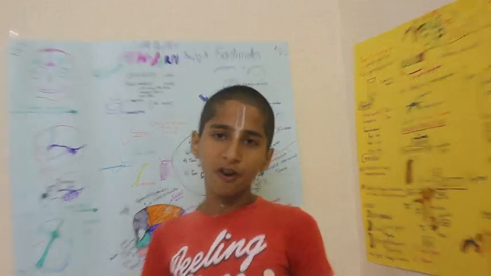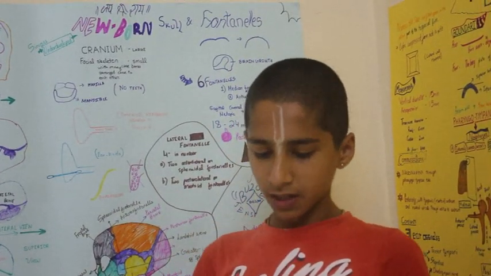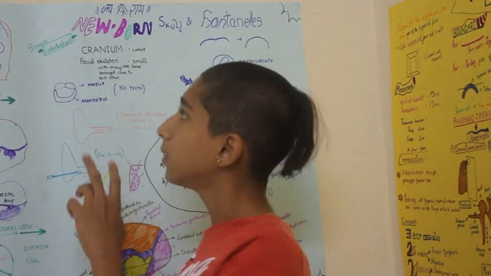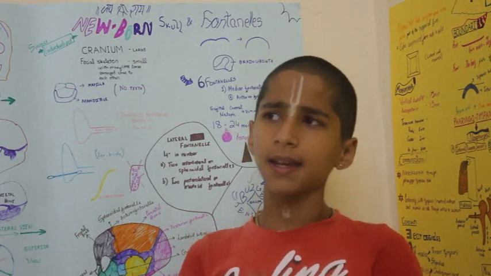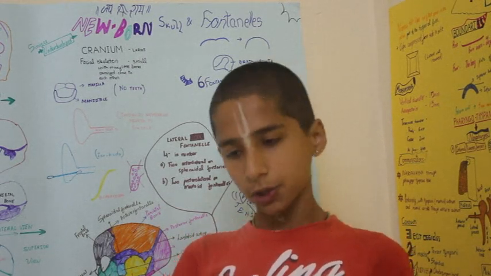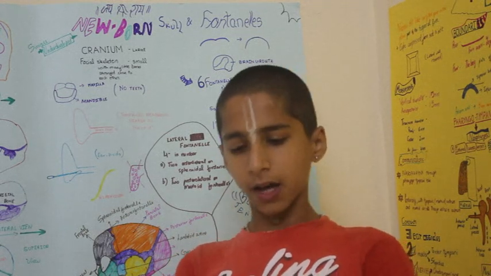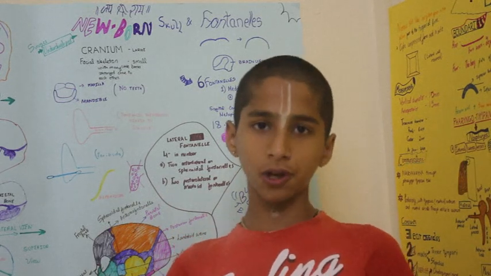The presence of fontanelles. It's a jelly-like membranous structure that is present within the suture of the bones. In an adult skull, or in a child's skull after the age of 2 years, we have just a normal suture like a sagittal suture or lambdoid suture.